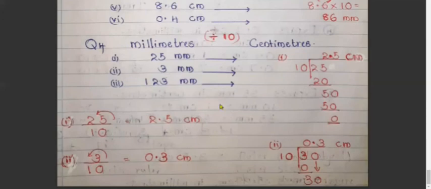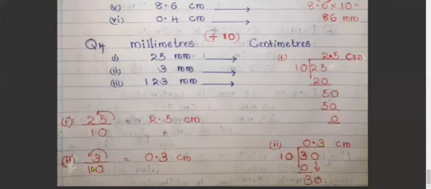Now 3 millimeters. 3, you are going to divide by 10. For this 3, there are no tens. Then you write 0. Then what do you do next? You keep a decimal point and add 0. 10 times 3 is 30. So when you divide 3 by 10, your answer is 0.3.